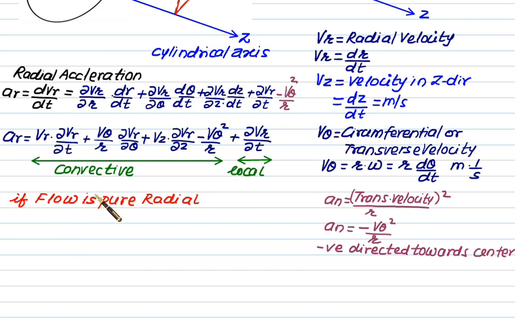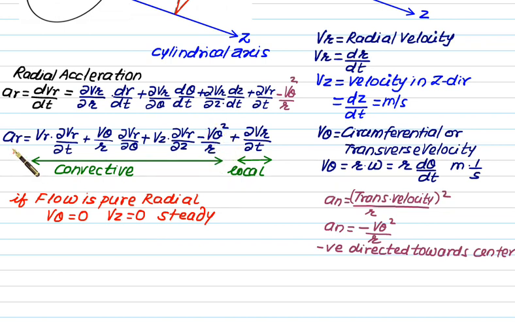In that case, v theta will be equal to 0, vz will be equal to 0, only vr will exist, and assume it is steady. Since v theta equals 0, the second term will vanish, vz equals 0, this term will also vanish. Because of steady flow, this term will vanish, and since v theta equals 0, the transverse component is 0, so this will also vanish.